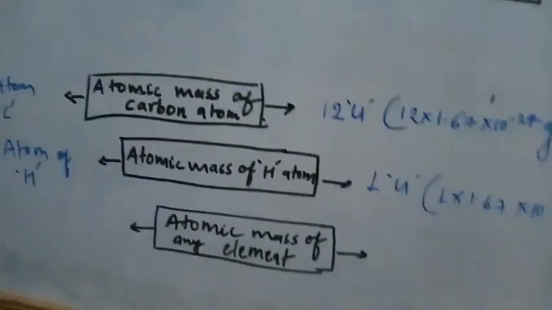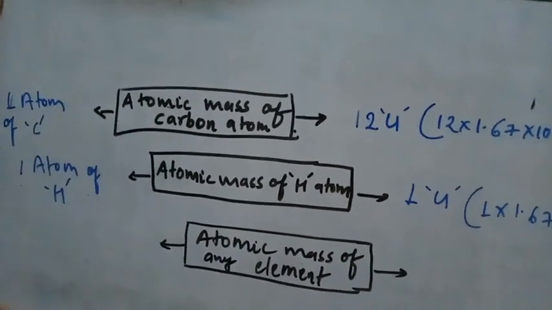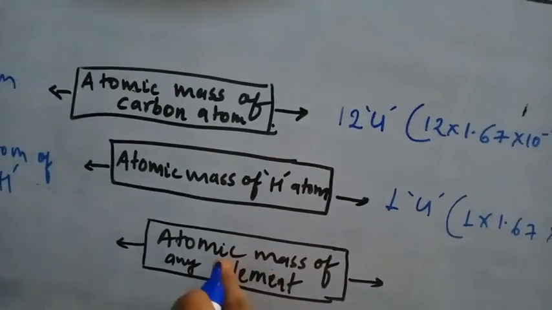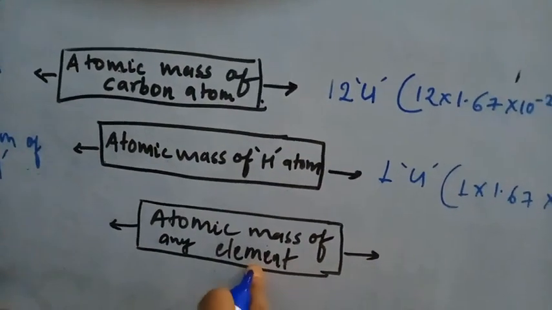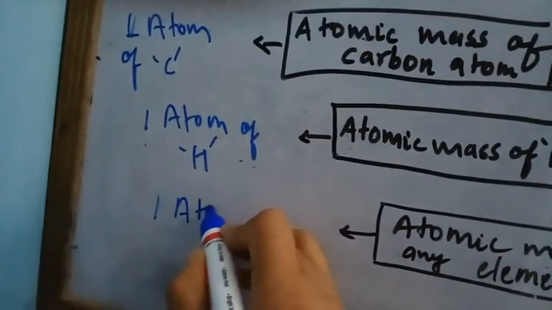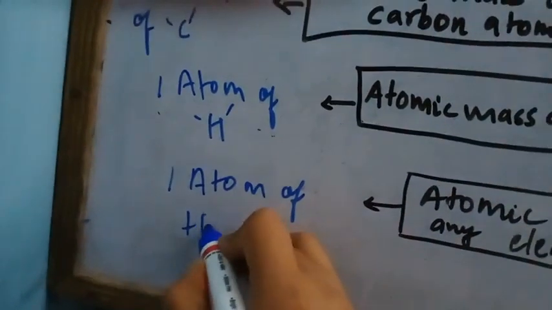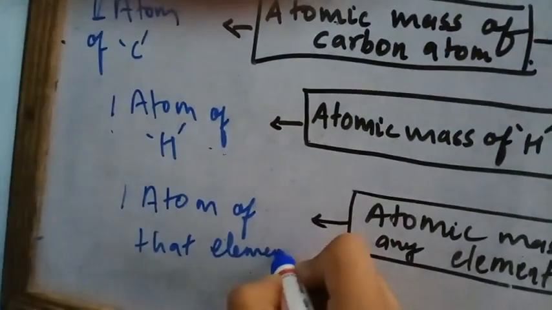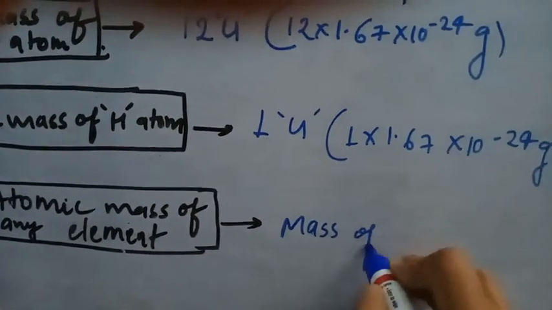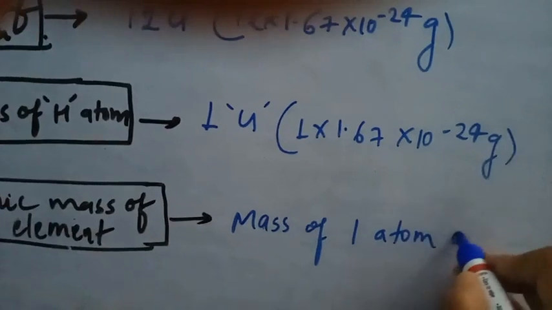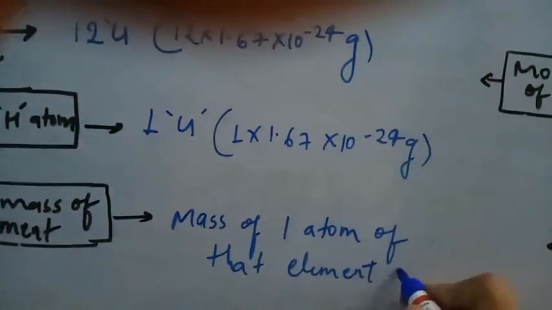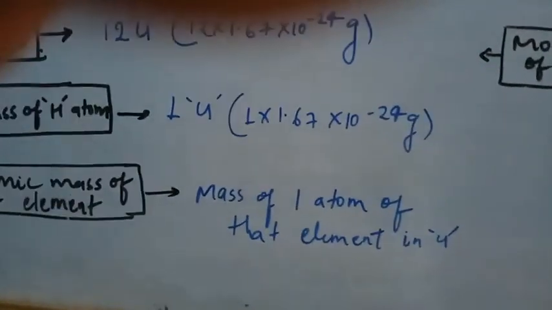Similarly, atomic mass of any element means the mass of 1 atom of that element, in u or unified unit.